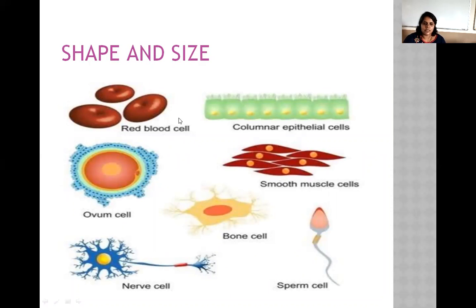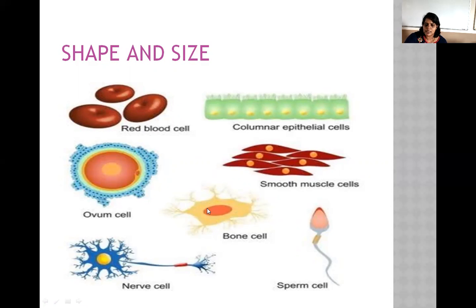The shape and size of a cell is generally according to their function. You can see in the picture, the red blood cell has a biconcave shape. The columnar epithelial cell has a column-like structure, whereas the egg cell is spherical in nature, smooth muscle cells are spindle in shape, and the neuron is the longest cell, which has many branches because its function is to transmit the nerve impulse.